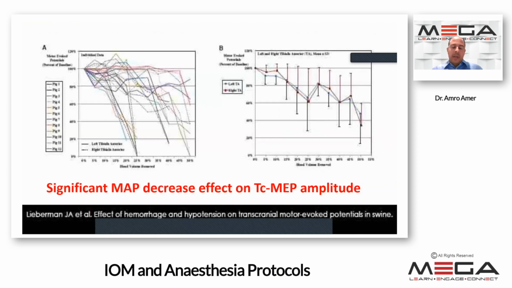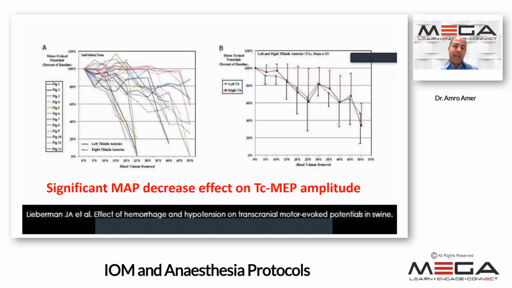Mean arterial pressure effect is the main thing actually affecting the motor movement. Most of the changes we see in the OR, we usually see from the hypotension.